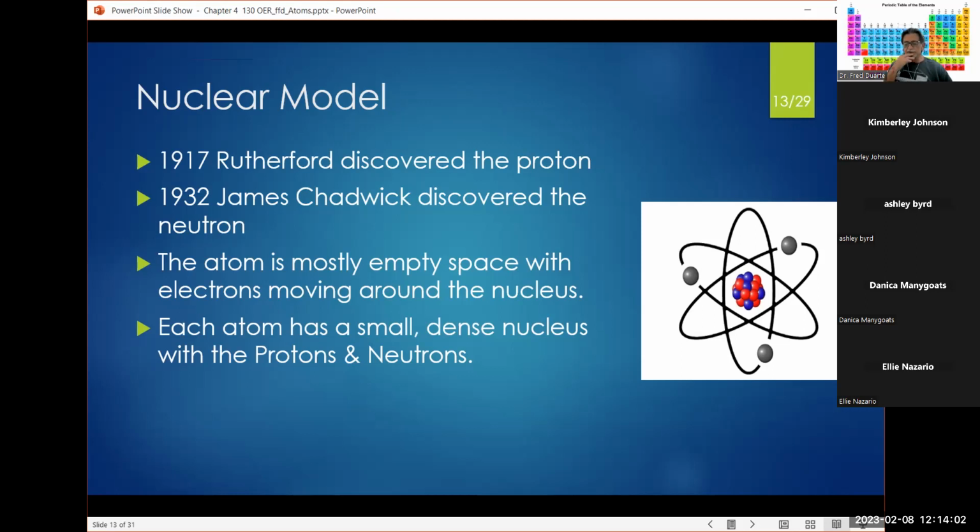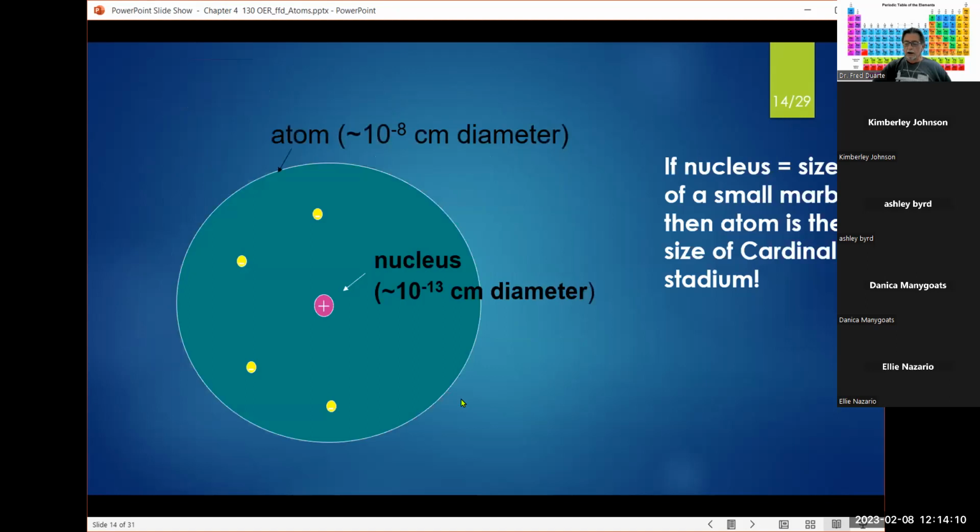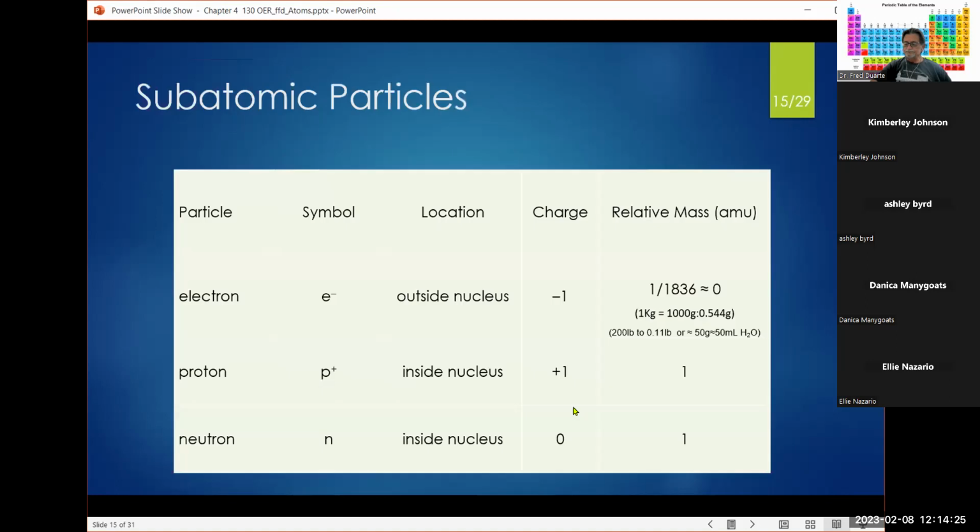That's quite a distance, and yet that attraction, that force is quite strong. Another perspective, if the nucleus is the size of, say, a small marble, then the atom would be roughly the size of the whole Cardinal Stadium. So a lot of empty space in between.